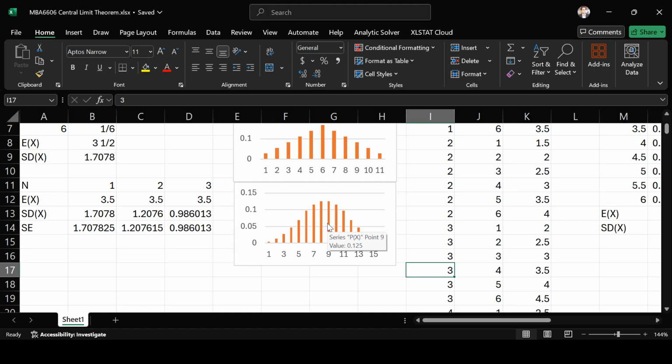The expected value of the sample and the expected value of the population will be the same, but the standard deviation of the sampling distribution, that is your standard error, can be calculated using the population standard deviation divided by root of n. That's what the central limit theorem is.